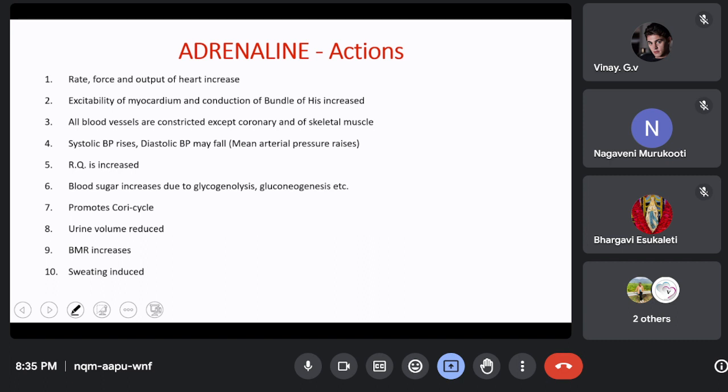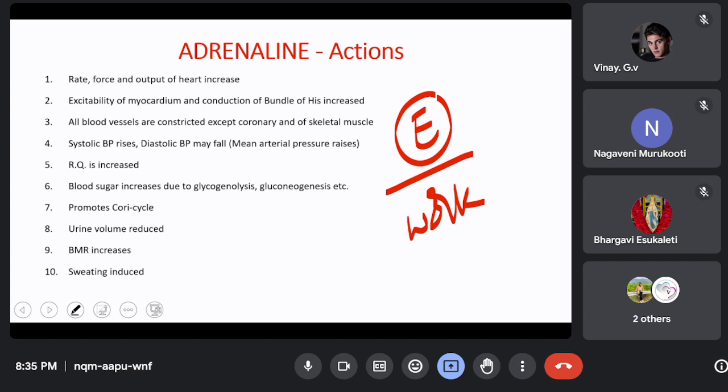Okay, and one more thing is, when energy is produced because of all these activities, energy is produced ultimately by the oxidation of glucose, and this energy is utilized for work. No work is 100% efficient, so some amount of it is evolved as heat. When heat is evolved, in order to cool the body, sweating also occurs.